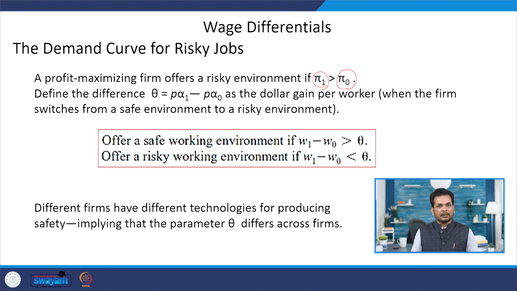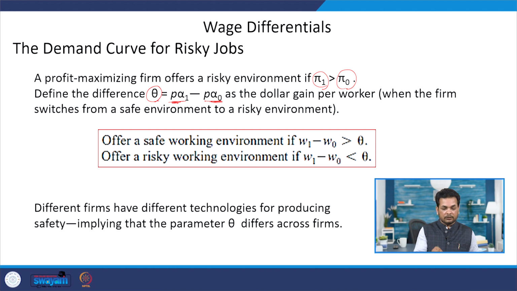Now, let us define the difference between the marginal product of revenue of these two places, safe jobs and the risk jobs, by theta. So, this is the marginal product of revenue P into alpha 1 minus P into alpha 0.